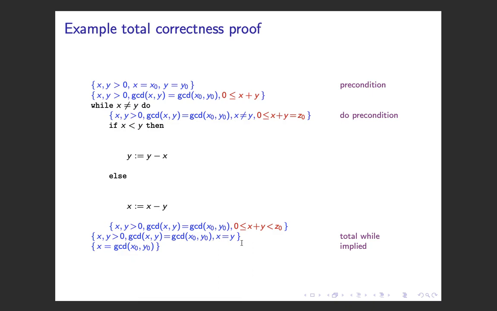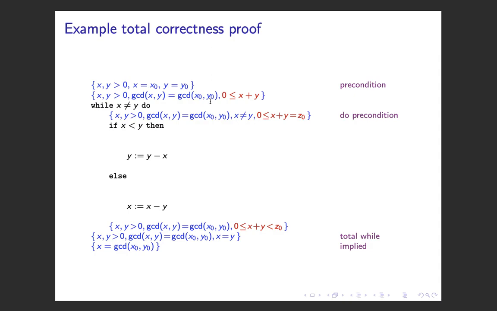We had the while loop before. Before, we applied the partial while rule, which led us to identify the invariant, which is in blue here in the second assertion. This is the same invariant as before: x and y are positive, and the greatest common divisor of x and y is the same as the greatest common divisor of the original values x0 and y0.